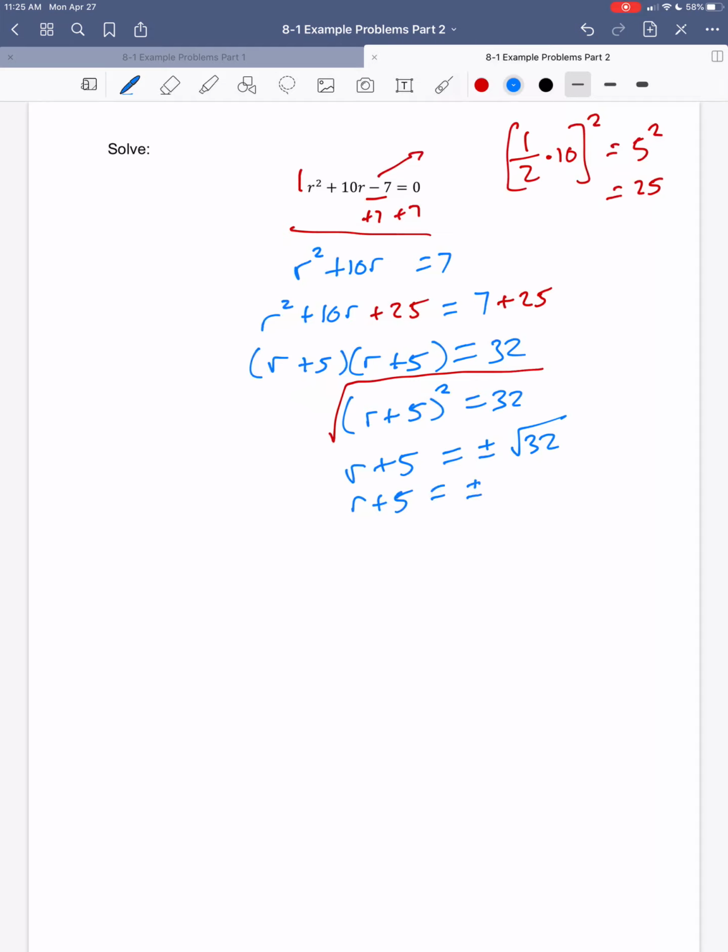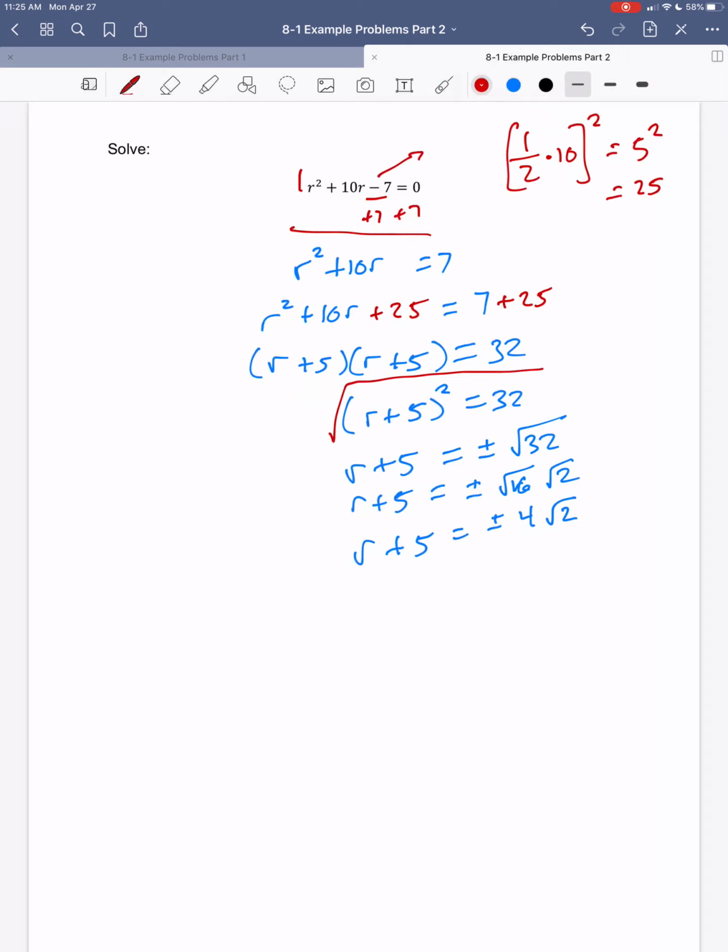So I can say that's the square root of 16 times the square root of 2. Square root of 16 is 4. Don't take the square root again, right? The square root of 16, once I take the square root and go from 16 to 4, this radical did its job, so it goes away. This radical, I can't take the square root of 2, so I have to leave it.